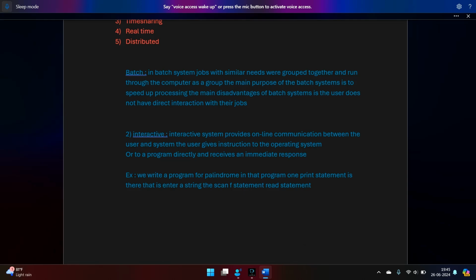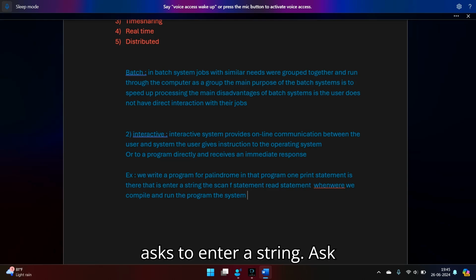Whenever we compile and run the program, the system asks us to enter a string.